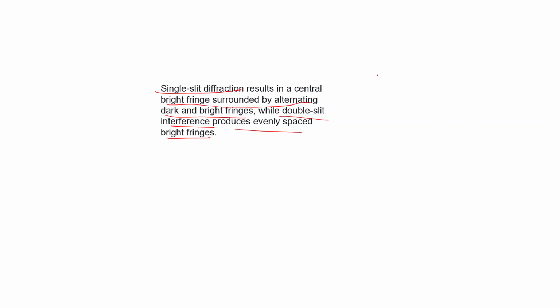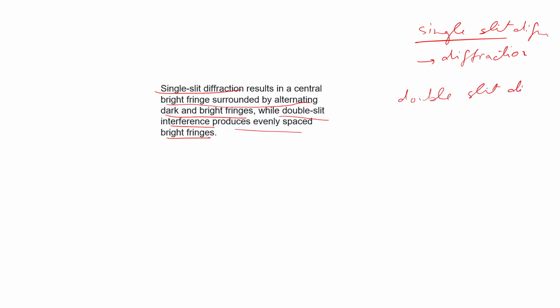But another thing that happens is, in single slit diffraction we were only seeing diffraction, the bending of light. But in double slit diffraction, we are seeing two things: diffraction as well as interference, since we have two openings.